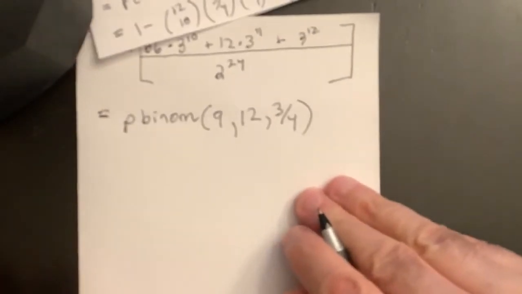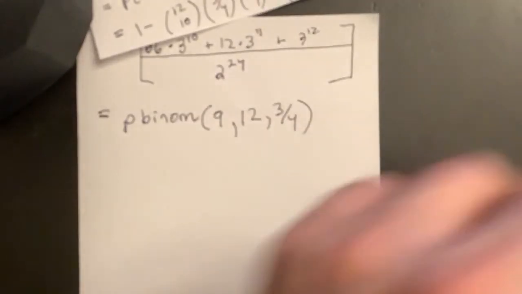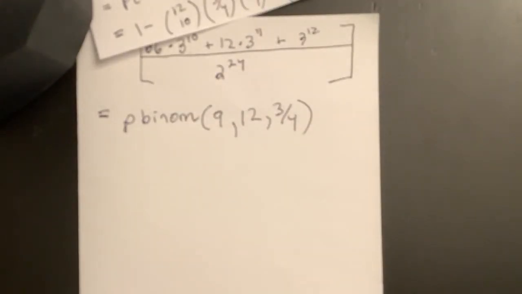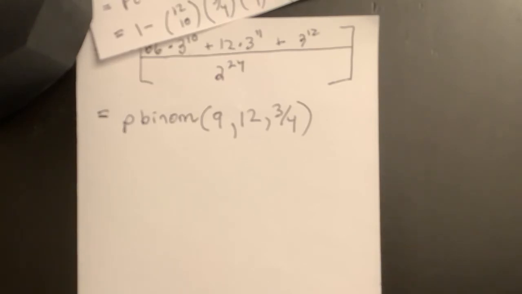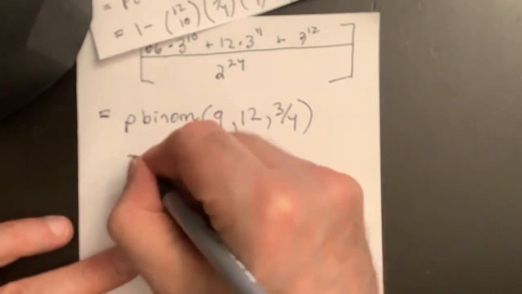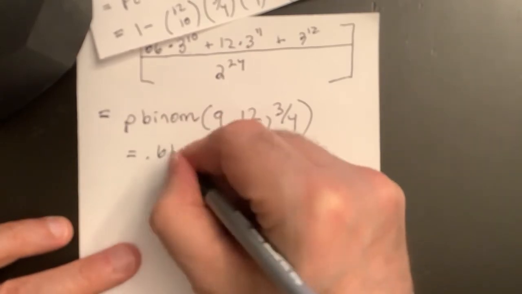So if you do this in R, I'll do it right now. Let's see, I've got it, pbinom 9, 12, .75. I get 0.661.